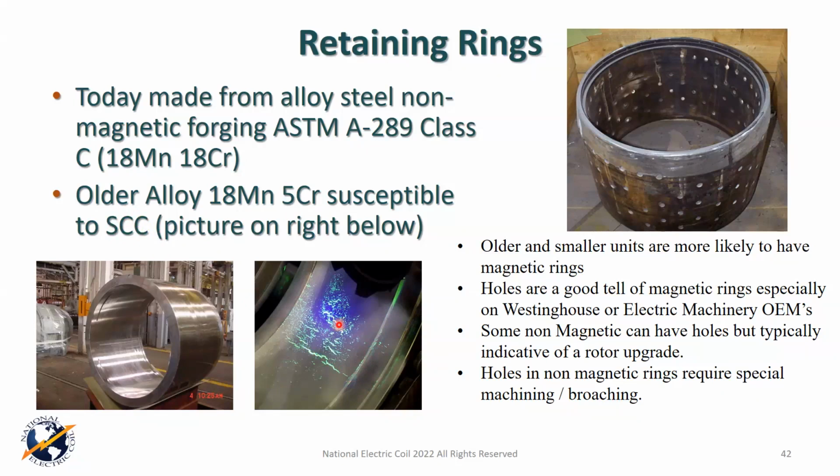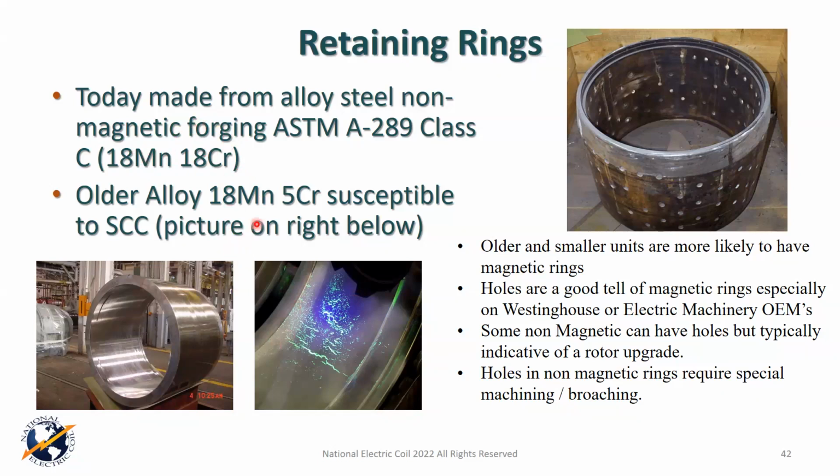Okay, but when you're taking these apart, even the newer alloy, which is the 18-18, or 18% manganese, 18% chromium, even these should be cleaned and NDE'd every single time you have the chance to do it.